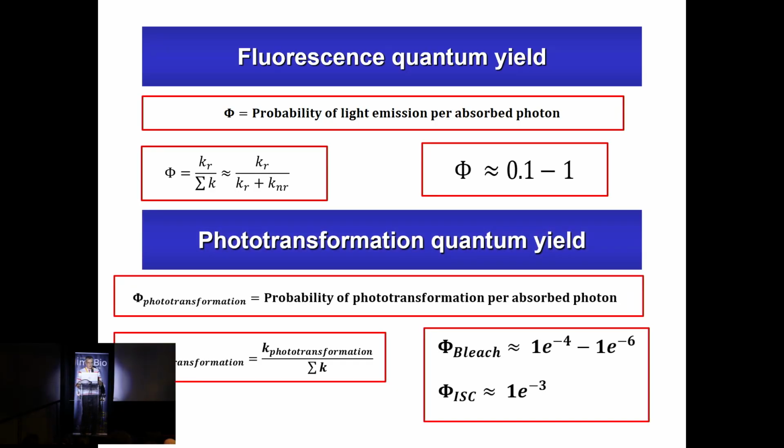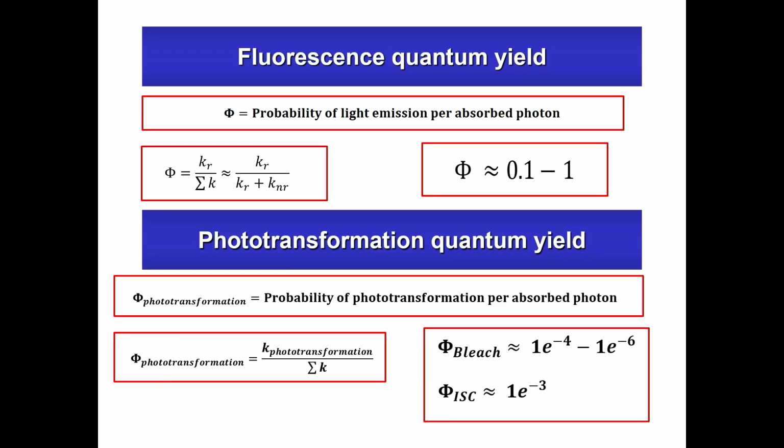We can extend this notion of quantum yield to everything that can happen to a fluorophore. So we call this phototransformation, where phototransformation can mean triplet state formation, photobleaching, switching, whatever. And so the quantum yield for a phototransformation is just the probability that this phototransformation occurs after photon absorption.